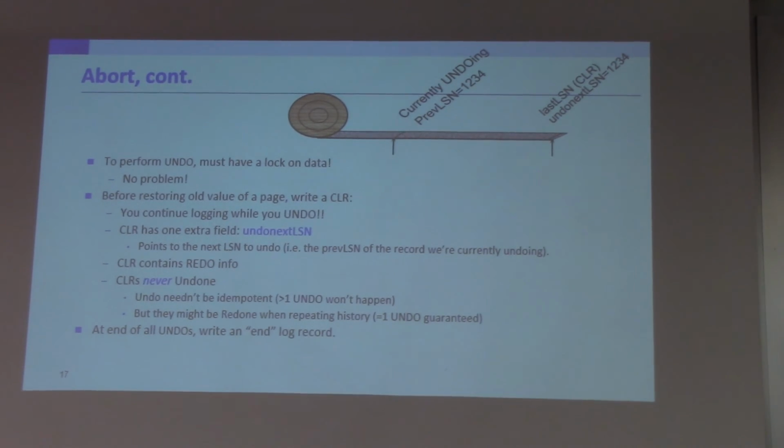Because a CLR indicates that you have undone a particular operation. Undo means what? It means you didn't do anything. So why would you undo the CLR? You don't undo an undo. That's the purpose of CLR. So whenever you see a CLR, you skip that in the recovery phase, which I will talk about next.